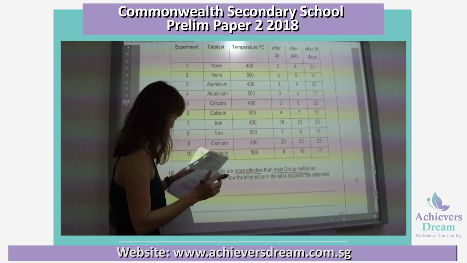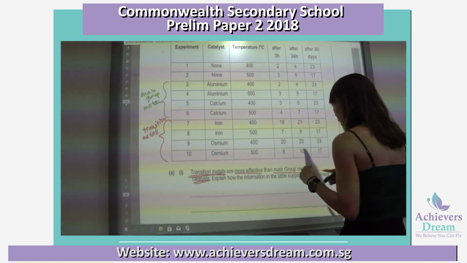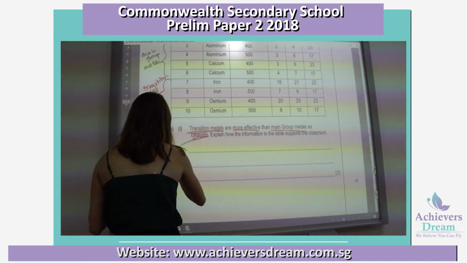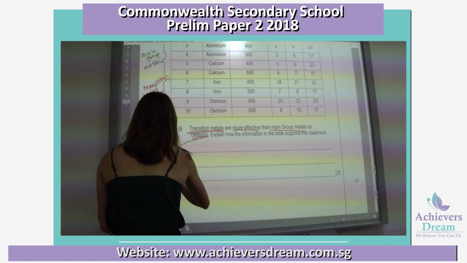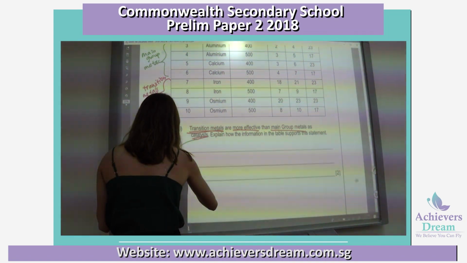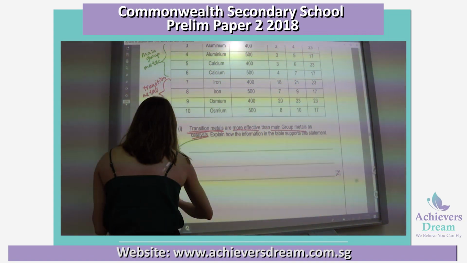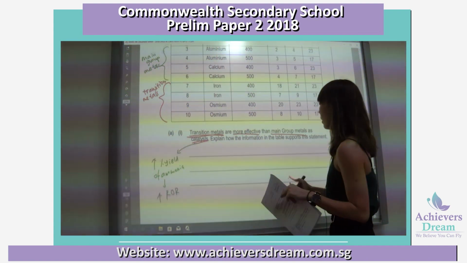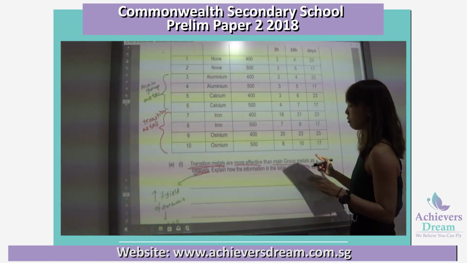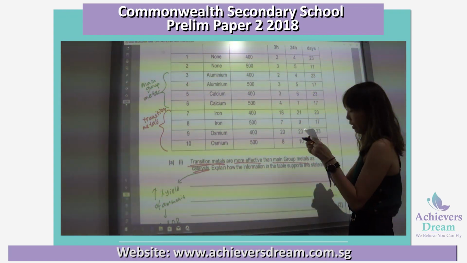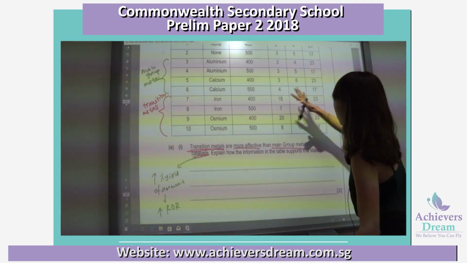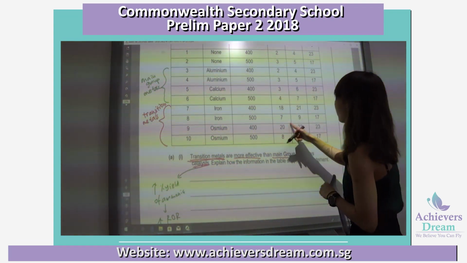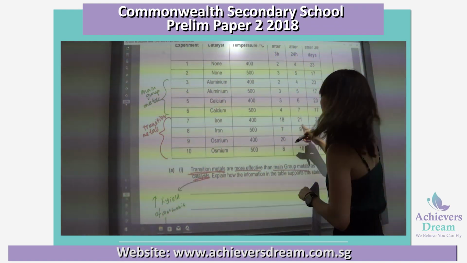Now we know the role of a catalyst is to increase the percentage yield of ammonia by increasing the rate of reaction, correct? Presence of catalyst. So explain how the information in the table supports this statement. First, let's look at the transition metals. Do they produce a higher percentage yield as compared to your main group metals?